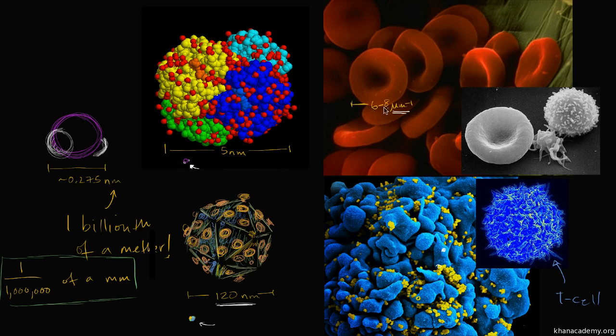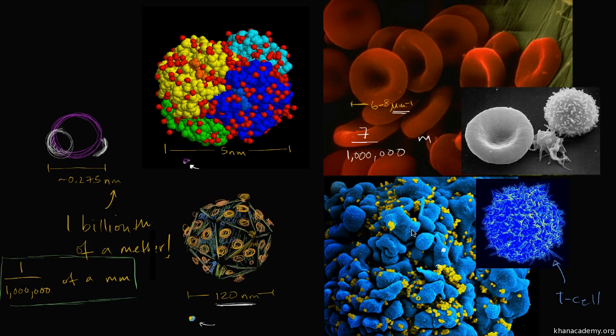So if we were to just take 7 as the average, 7 millionths of a meter. Over here we were talking about a millionth of a millimeter. Now we're talking about 7 millionths of a meter. And just to get an appreciation for size, we already compared the HIV virus to this cell.